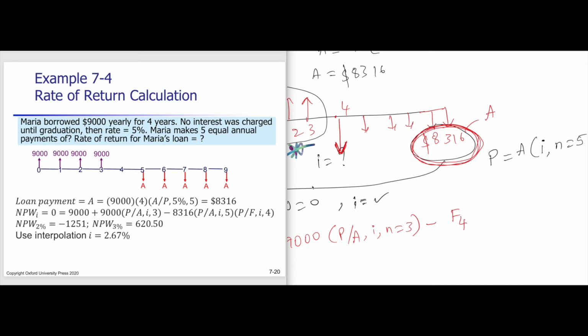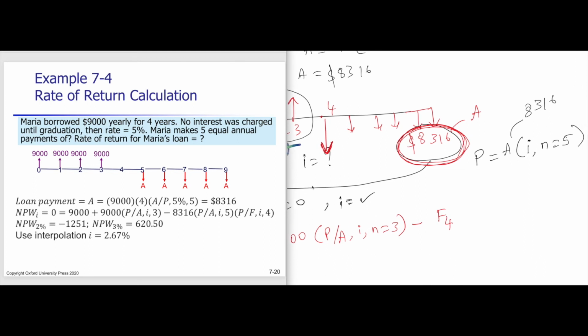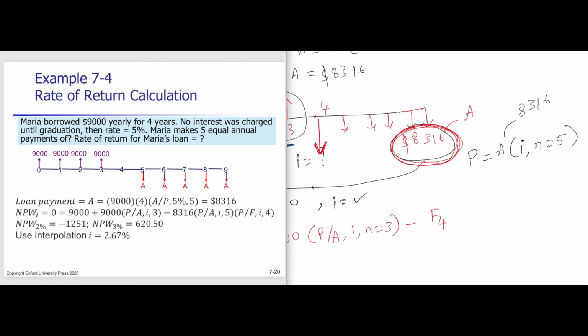That's it. So when we use A to be 8316, we get the present when n equal to 5. But this present value, this P is not present at 0th year, but this is P at the end of 4th year, right?